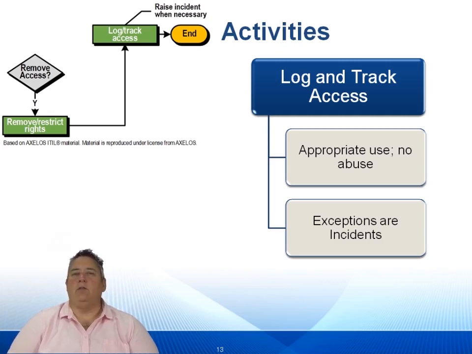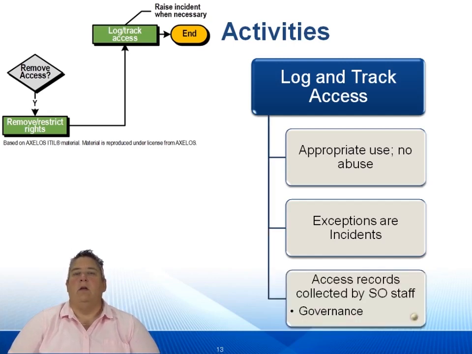Remember the definition from your foundation class of an incident: any event not part of the standard operation of a service. I'm stopping right there because if it's not expected, if it's an exception to what we're expecting, it is an incident and it must be reported as such. Access records will be collected by the service operations staff, ensuring that we are all operating appropriately. This is a level of governance that will be reviewed.